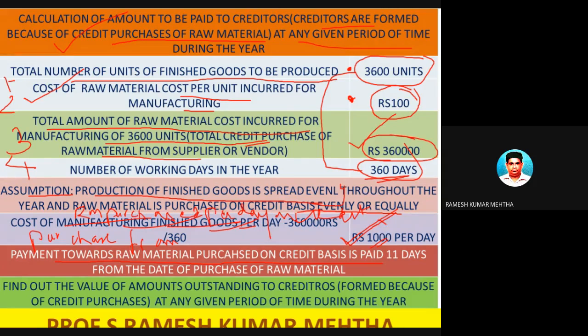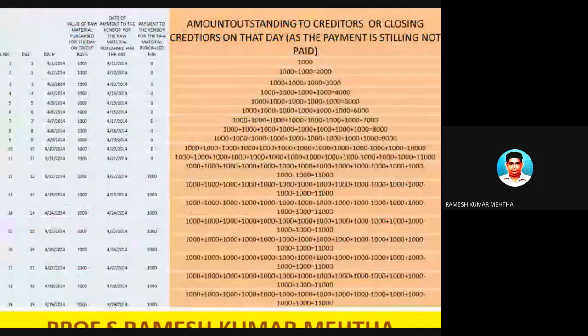So today, on the first, I have purchased, and I will pay it on completion of the 11th day, that is, I will pay it on the 12th day. That is the meaning of it. So 1,000 rupees is outstanding on the first day. Second day also another 1,000 rupees. So let's find out what is the total amount of money outstanding to creditors at any given period of time, and creditors are formed because of credit purchases.